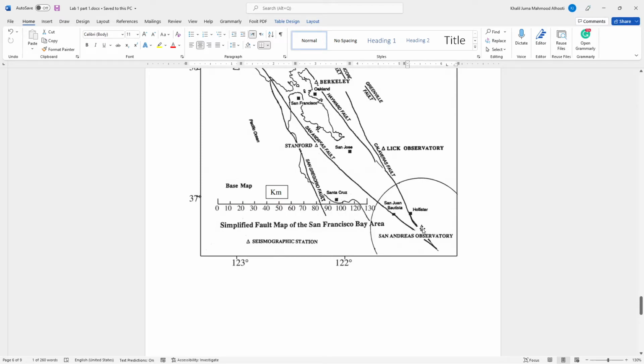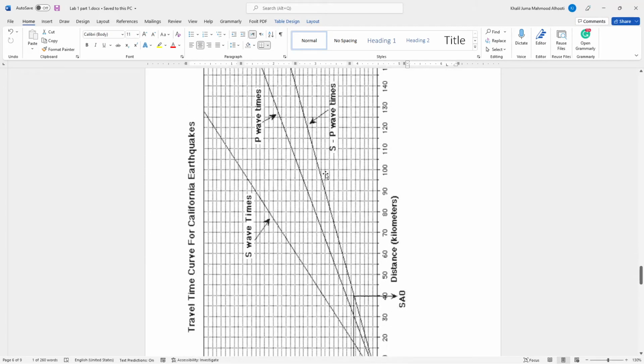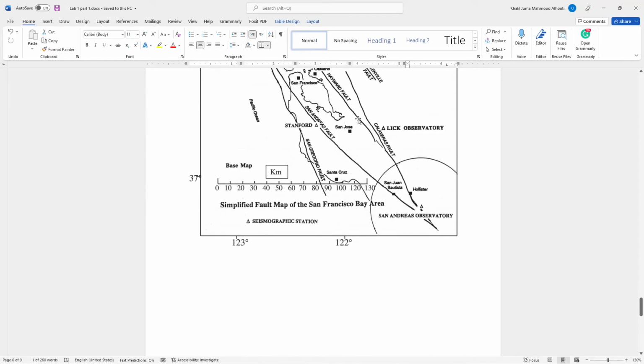Use a protractor and draw a great circle with how much? 40 kilometers. That's the first circle. And you have to draw 4 circles.